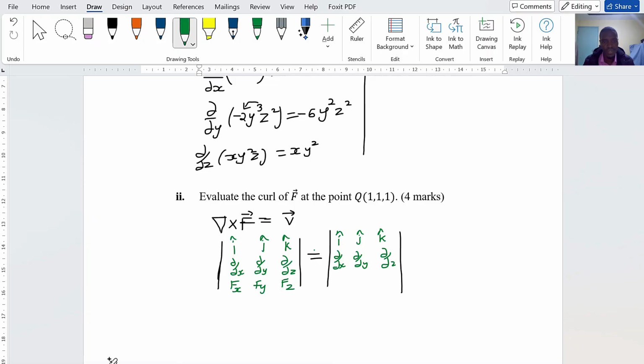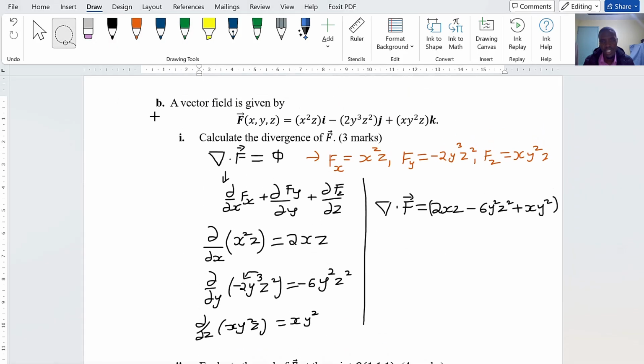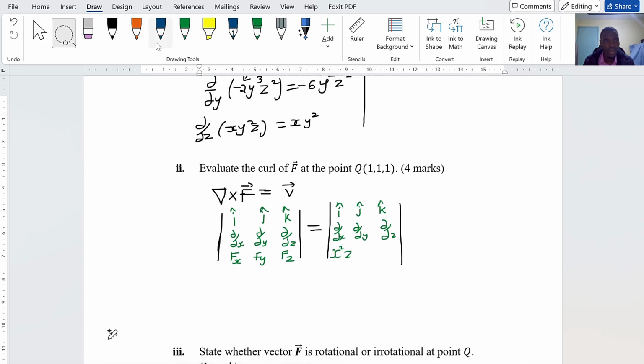Then Fy is negative 2 y cubed z squared.